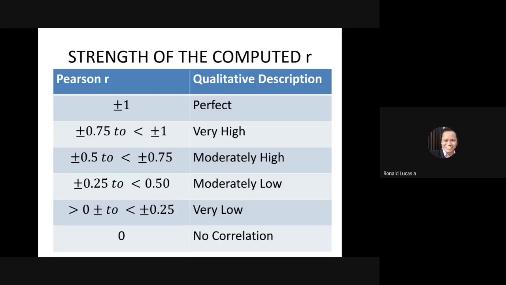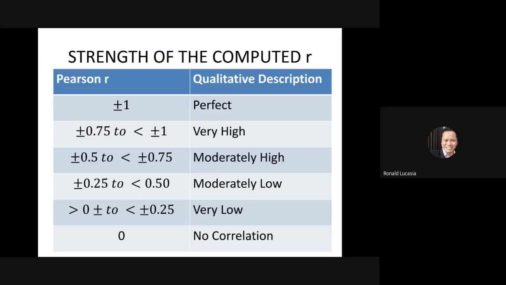But when upon computation the result is plus or minus 0.75 or more, but less than plus or minus 1, it means there is a very high correlation. The height of the father has a very high correlation to the height of the eldest son. When the Pearson R result is from plus or minus 0.5 up to less than plus or minus 0.75, there is a moderately high correlation.